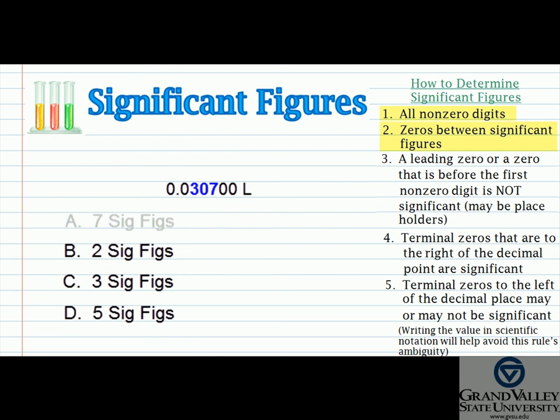This causes option B to be incorrect. Rule number 4 states that trailing zeros to the right of the decimal place are significant figures. Therefore, the trailing zeros are significant. This causes option C to be incorrect, which leaves option D, 5 significant figures. After counting the total number of significant figures, this is the correct answer.